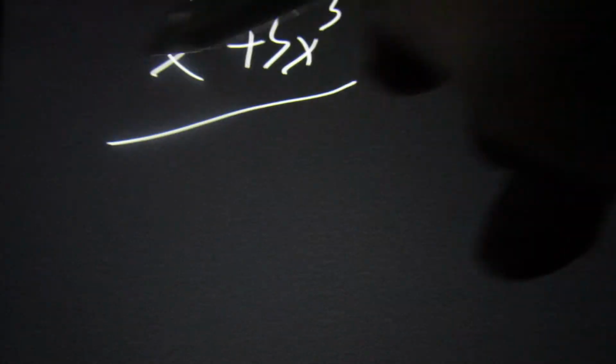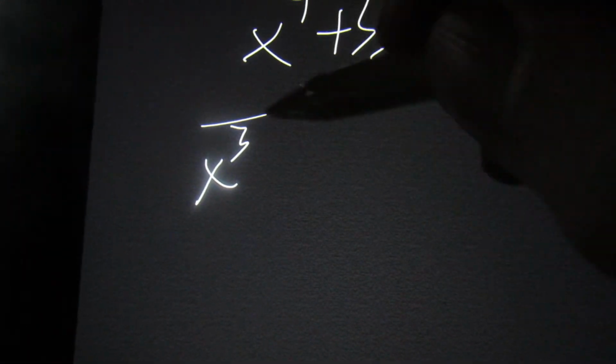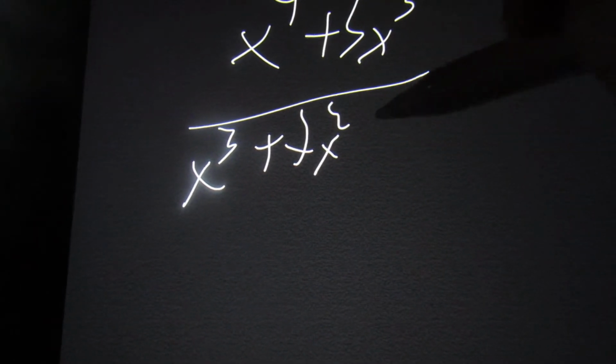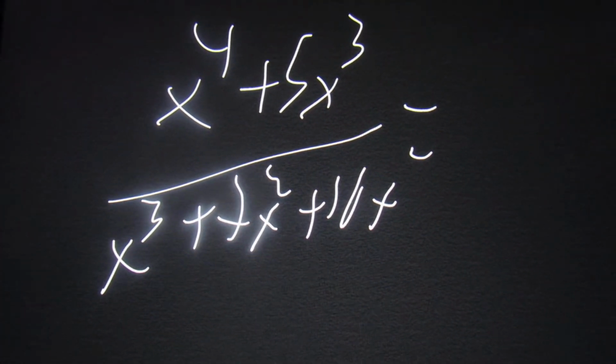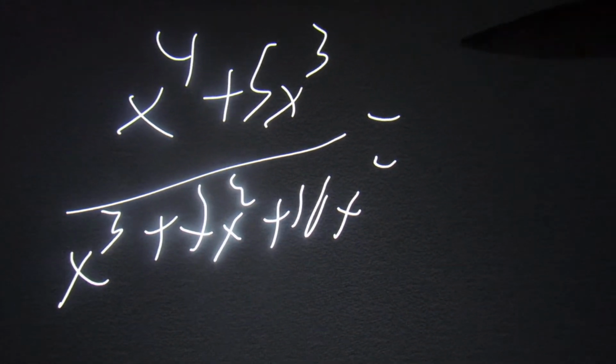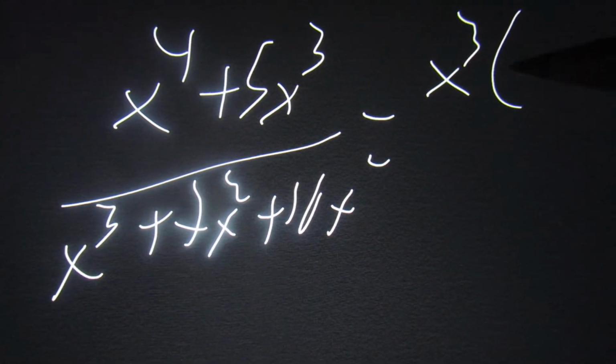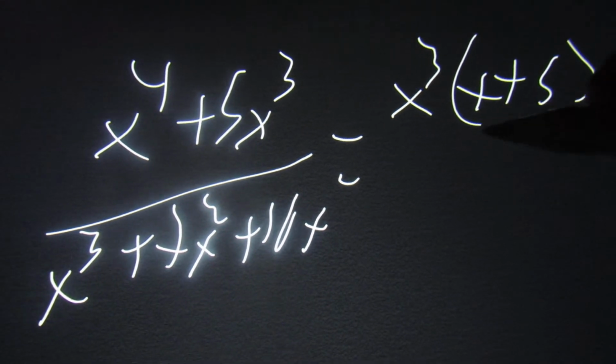Okay, so this last one here, x to the 4 plus 5x to the 3 over x to the 3 plus 7x squared plus 10x. On the top, I can factor out an x to the 3, and I'm left with x plus 5.